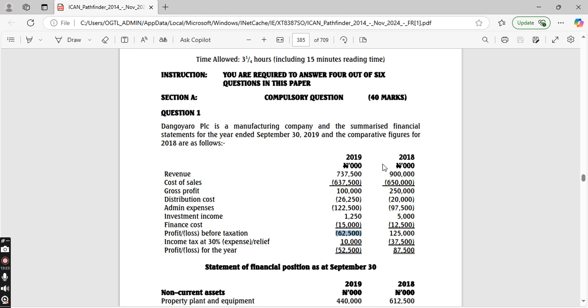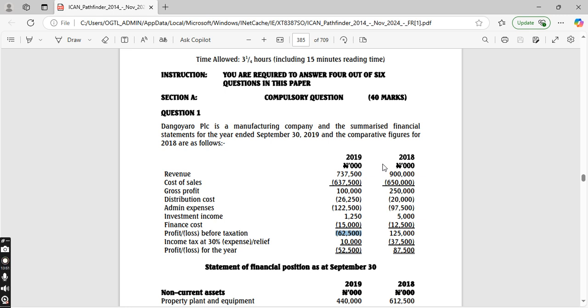reserve. For instance, you agree with me that depreciation is a provision, amortization is a provision. Loss on disposal, profit on disposal, they are all non-cash items. Loss and profit is not a cash flow.